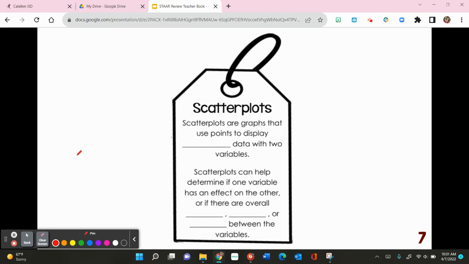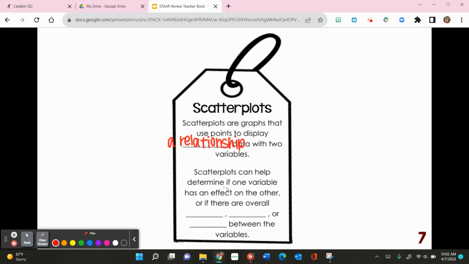Now let's go ahead and actually look at the Scatterplots foldable, which should be glued at the bottom of page 7. Okay, so looking at the cover here, it says Scatterplots are graphs that use points to display a relationship between two variables.